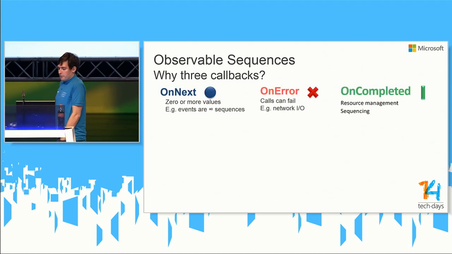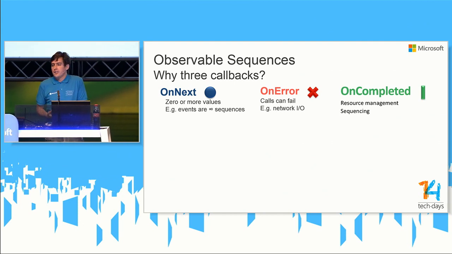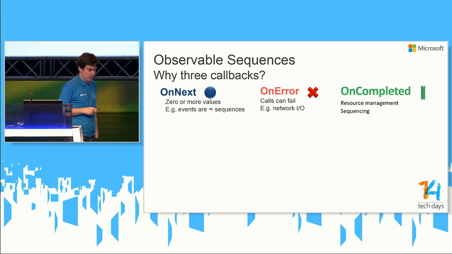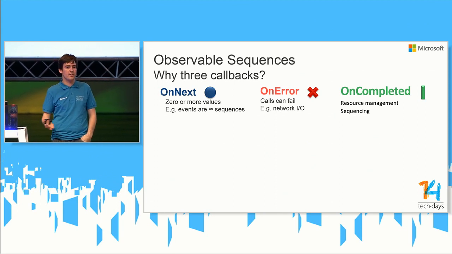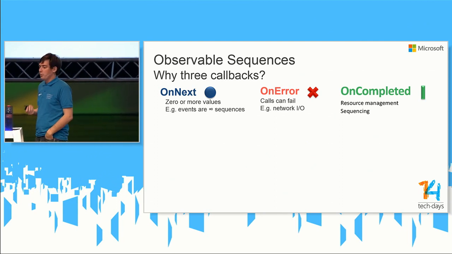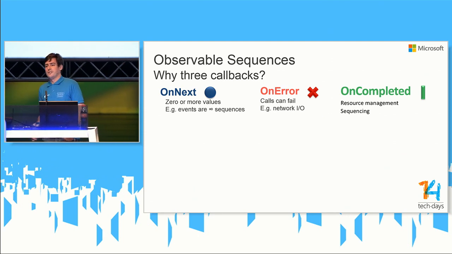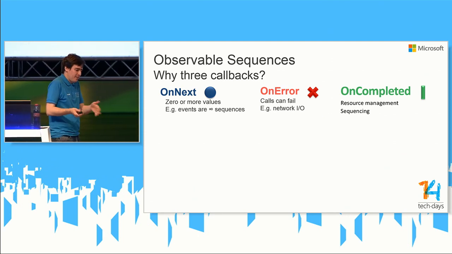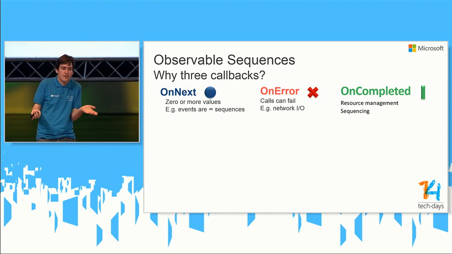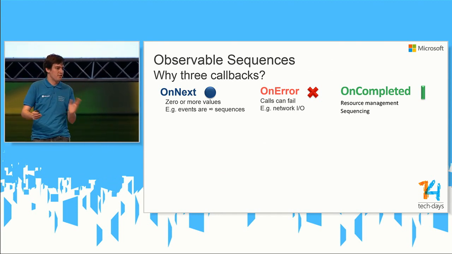So why do we have three callbacks? Let's start with that. I already sort of alluded to it, that OnError and OnCompleted are so-called punctuations, like the commas and the dots in your sentences. We have these because there is something real about the world around us, right? An event, if it's local, is rosy and shiny. Your event will always fire just fine.